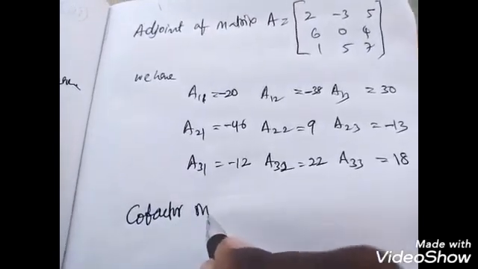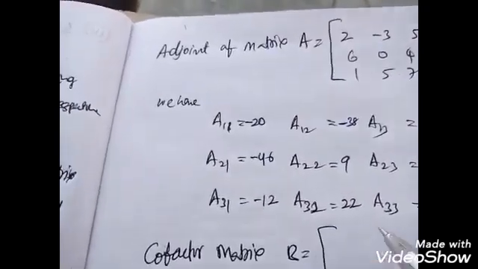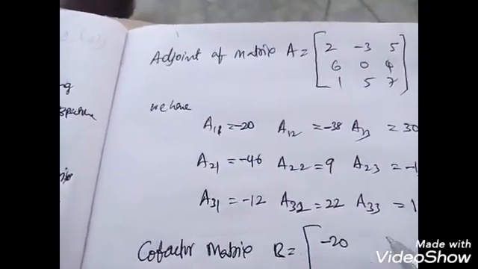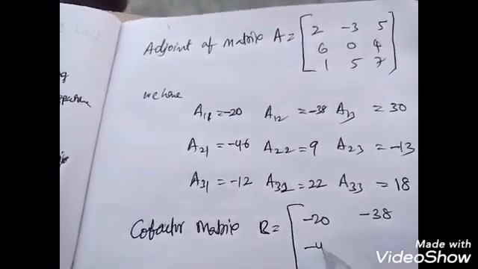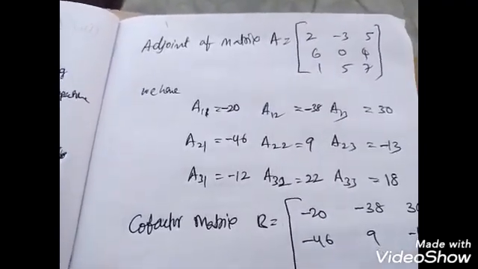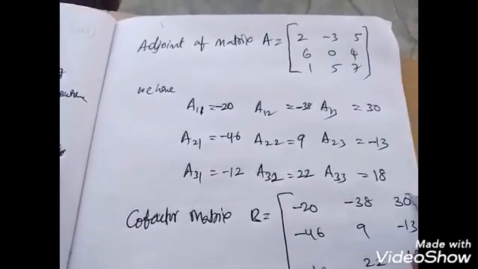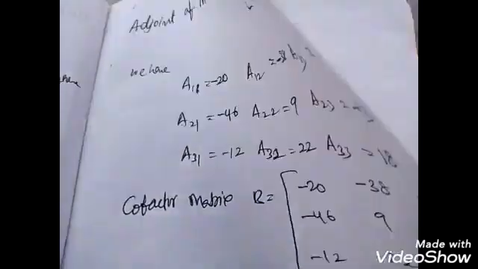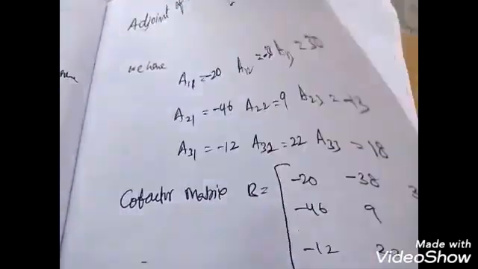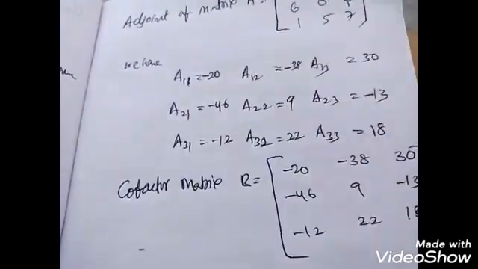Cofactor matrix B is equal to, replacing the elements by the cofactors: minus 20, minus 38, 30, minus 46, 9, minus 13, minus 12, 22, 18. This is the cofactor matrix. Now adjoint A is equal to B transpose, B dash.